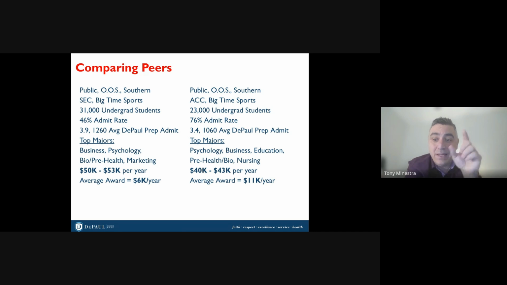School A has slightly more undergraduate students than School B, but I'd put both of them in the large public category, right? Now, here's where the big difference is. The school on the left has an under 50% admit rate. You'll see in a second what school it is. That number has gone down significantly in the last 3 to 5 years. That number was double 5 years ago.